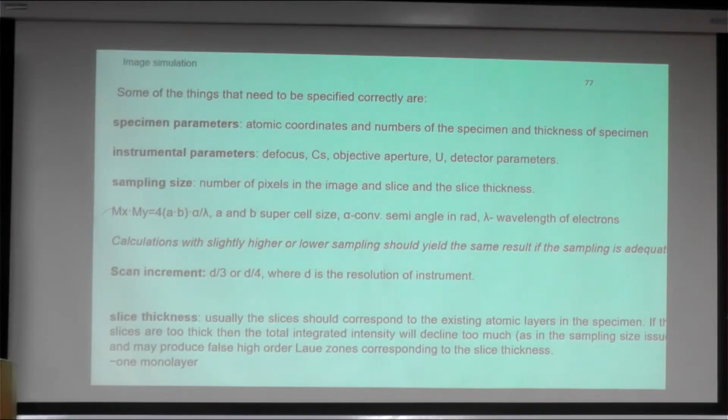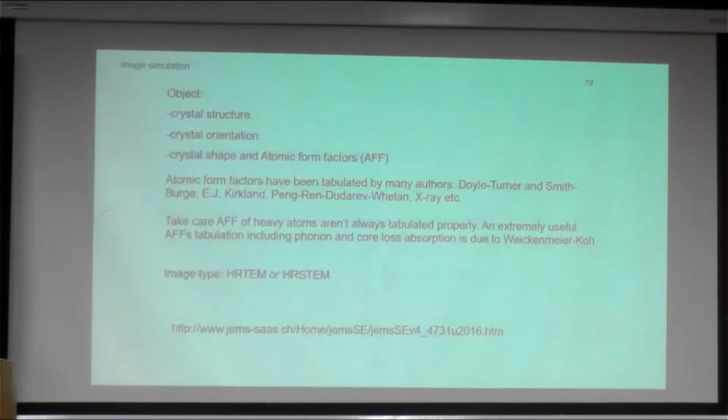So for image simulations, you need to know the specimen parameters. You also need to know instrumentation parameters like defocus, Cs, objective aperture. Sampling size is also important, the scanning increment, and also the thickness of your specimen, just to adjust the number of slices in your simulations.